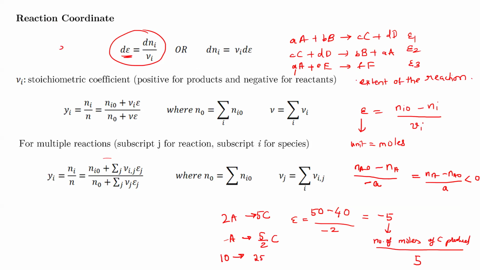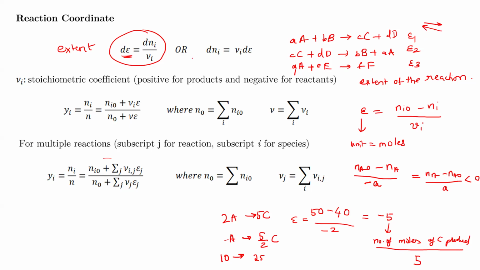If it's reversible, you can write it the other way, C plus D gives B plus A, with one more extent of the reaction, epsilon 2. So the forward and the reverse reactions will have two different extents.